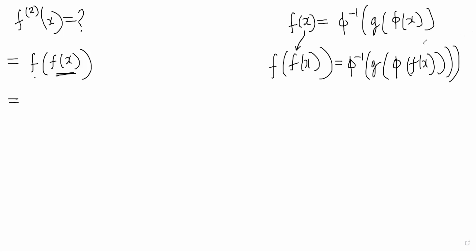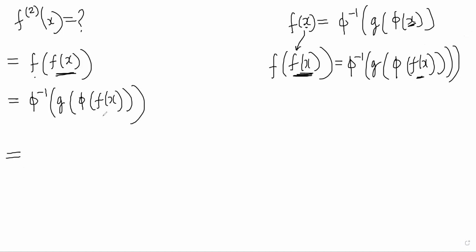When you do compositions, you can do it from inside or outside. So here instead of x, I have to replace f of x, right? So I am writing here phi inverse g of phi of f of x.